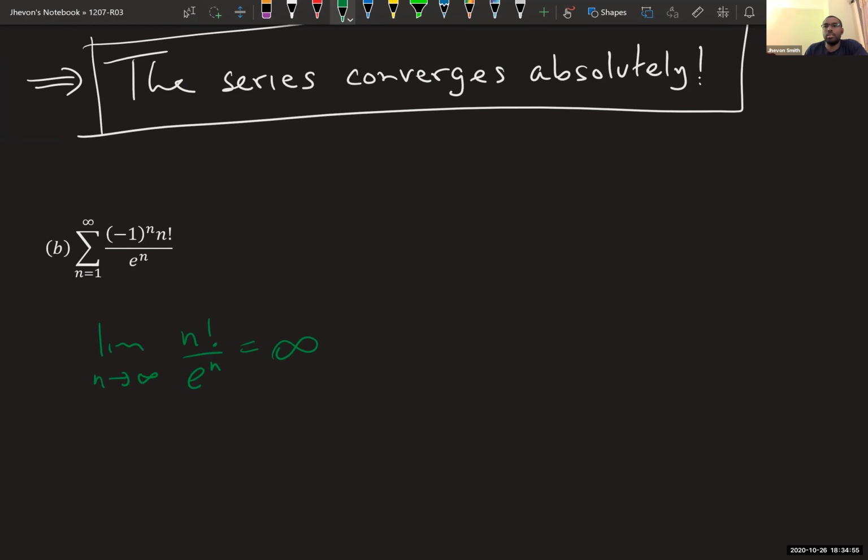What does that mean? Would it diverge? The series diverges. How do you know? Because infinity is bigger than 1? No, that's the test. I don't know. Why does it diverge?